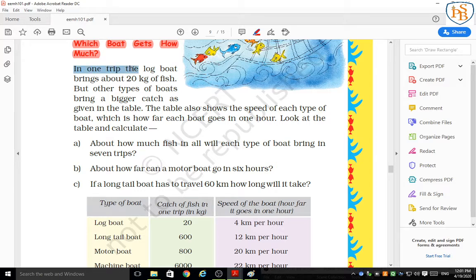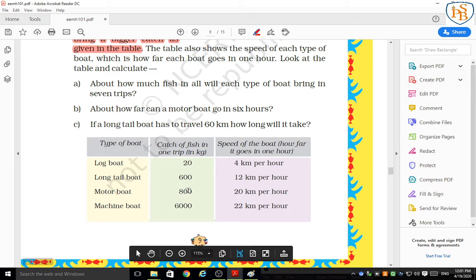In one trip, the logboat brings about 20 kilogram of fish. Before that, we learned about the logboat. Do you remember, students? Logboat means made of wood. So the logboat carries 20 kilogram of fish, but the other types of boat bring a bigger catch, as given in the table.